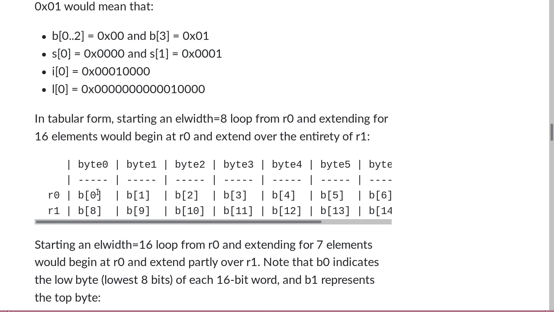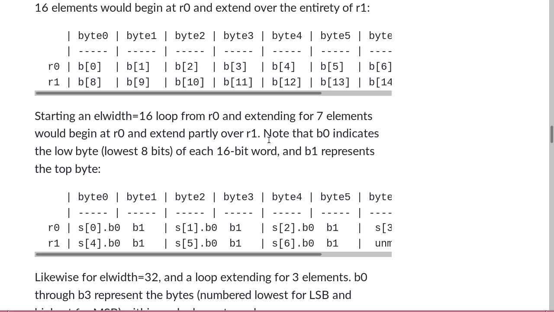Okay, and likewise, if you have 16-bit values, short 0, byte 0 and byte 1 go in R0. Short 1 goes into byte 2 and 3 of R0.